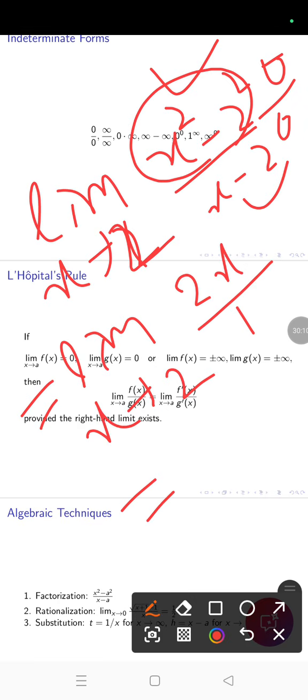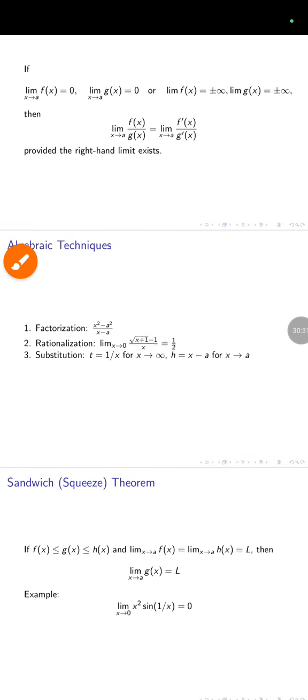If you put the limit, then it will be 2 into 2 divided by 1, and that is equal to 4. Okay, so this is how we can apply L'Hospital rule to find the solution of the indeterminate forms. Okay, now come to the next slide.